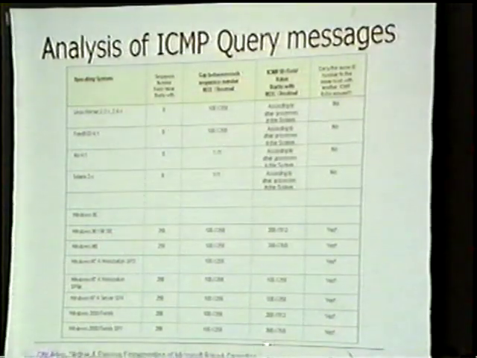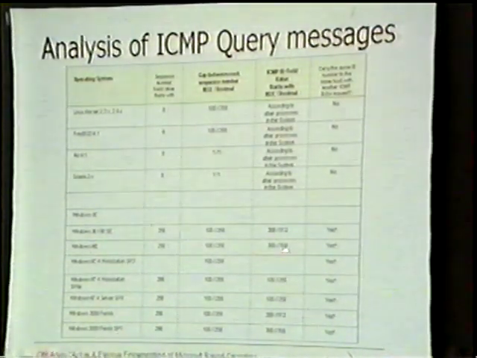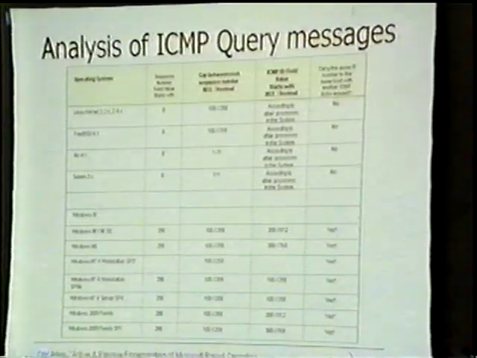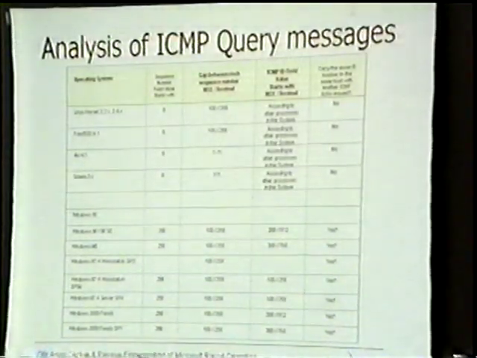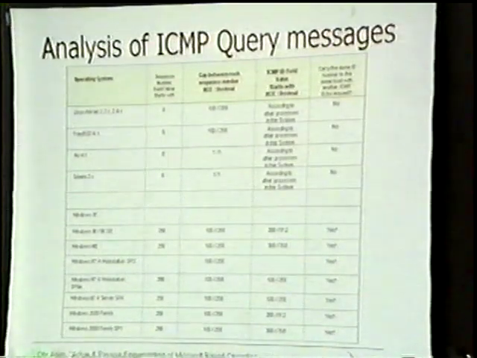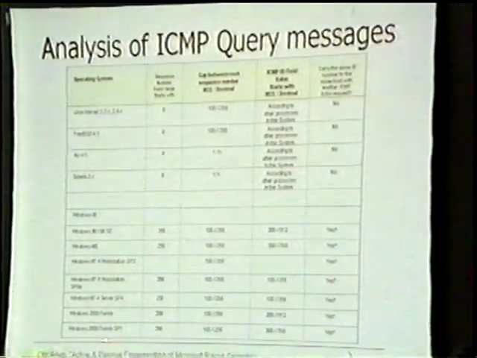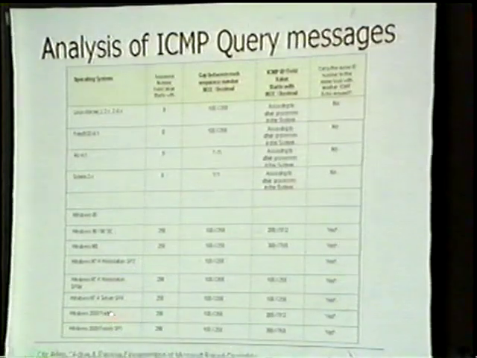For example, until SP1 was released, Windows Me was the only Microsoft-based operating system using the value of 768. Now with SP1, Microsoft changed the behavior. They were using 512 as the ICMP ID field value for the Win2K family, and they went and changed it to 768.